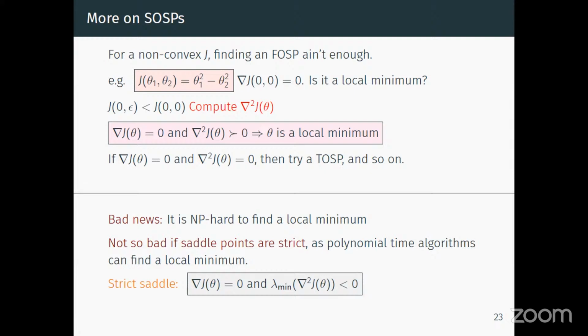But the point is, if all the saddle points are strict, which is this condition, then if you get a second order stationary point, you have found a local minimum. Otherwise, you can still be stuck in a bad place. So we're going to sidestep all of this because we can't impose any condition on the J.